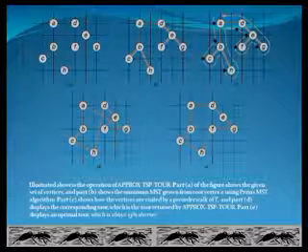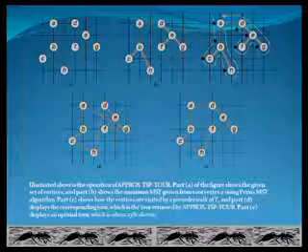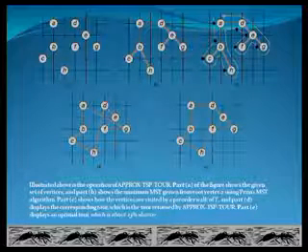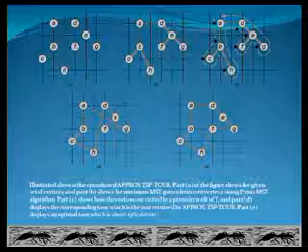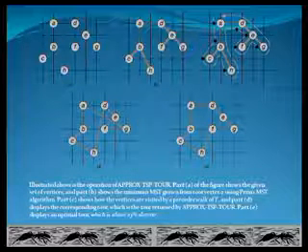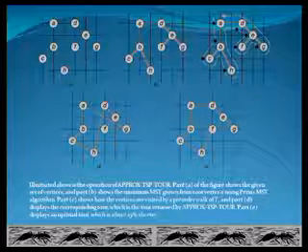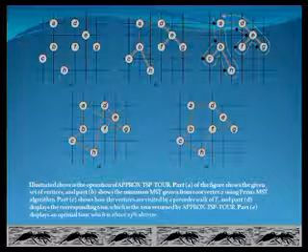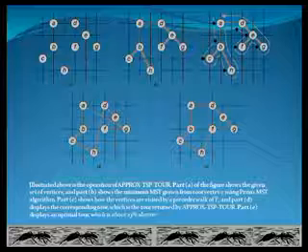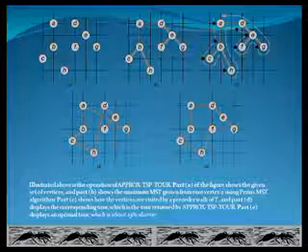Illustrated above is the operation of the approximation traveling salesman problem tour. Part A of the figure shows the given set of vertices, and Part B shows the minimum spanning tree grown from root vertex A using Prim's minimum spanning tree algorithm.